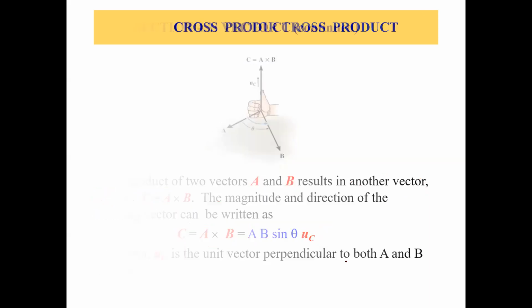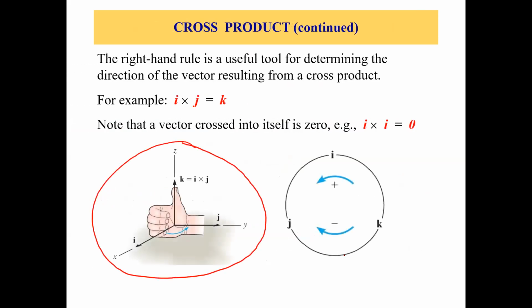All right, so let's come back here. Same thing here. Let's talk about these direction vectors I, J, and K. So this is vector I, x-axis, vector J, y-axis, vector K, z-axis.